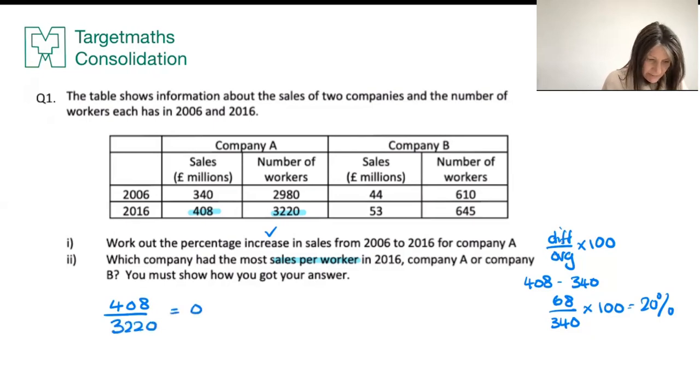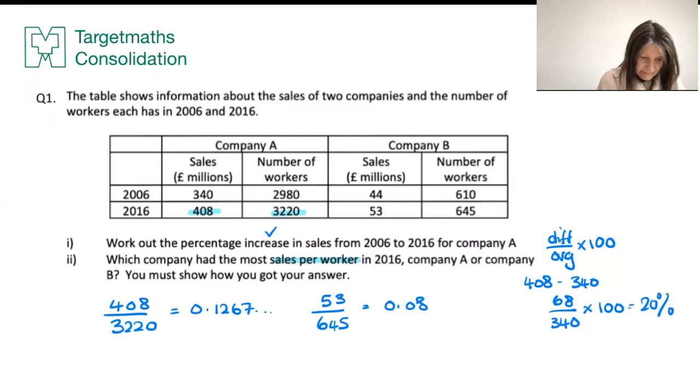The calculator will give me this, okay? And on it goes. Going to do the same for company B. There's 53 million with 645 workers. That's giving me 0.08 and 2, 1, on it goes. Okay. Now I obviously have to interpret these.